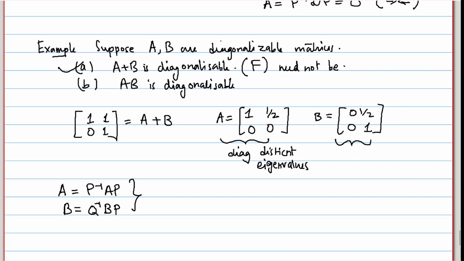This means that AB can be written as P inverse A, PQ inverse BP. I think again it will not be diagonalizable.